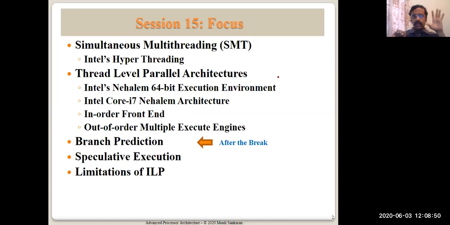I told you earlier in the OS course, processes are individual entities. When they do a context switch, more work needs to be done to remove one process from a CPU and bring another process into the CPU. And I told you threads are part of processes. They run in the context of a process.